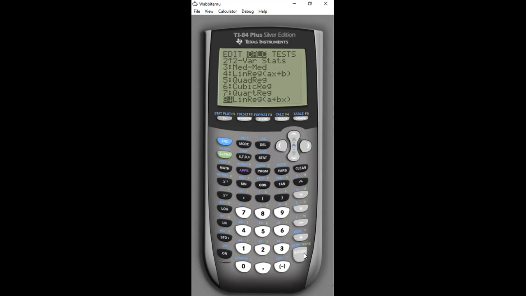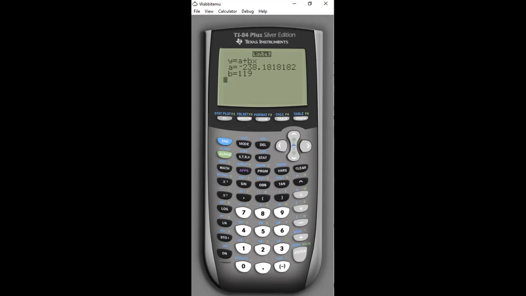So you just hit linear regression. Then your X list is your year, so you put L1, and your Y list is L2. Leave these two blank alone, then you calculate. So you get negative 238.18 plus 119 times X here.